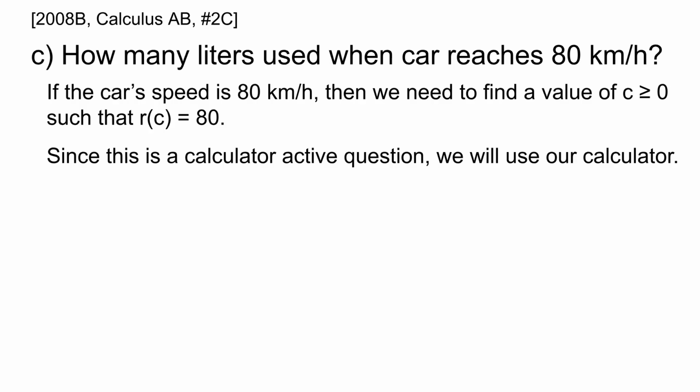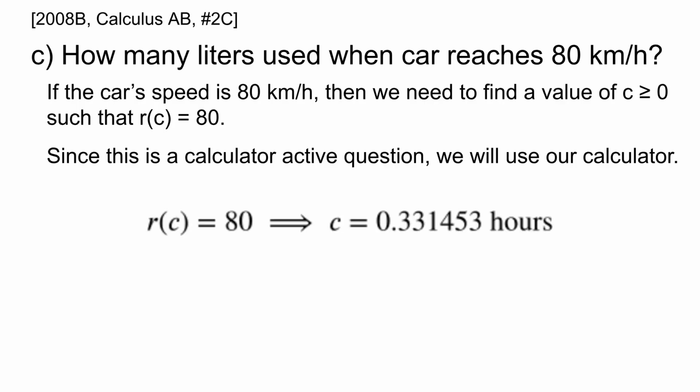And since this is a calculator active question, we're going to use our calculator. We want to find a solution to the equation r of c equals 80 using our calculator. This implies that c is equal to 0.331453 hours.